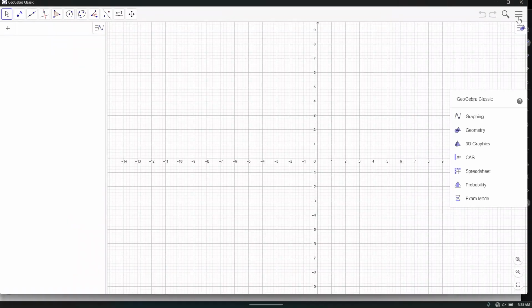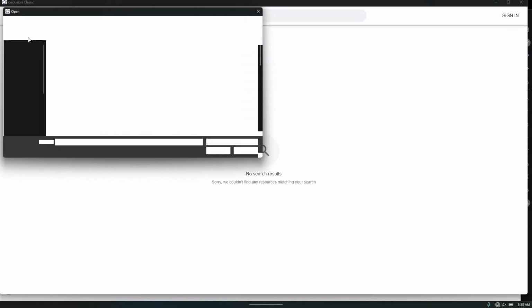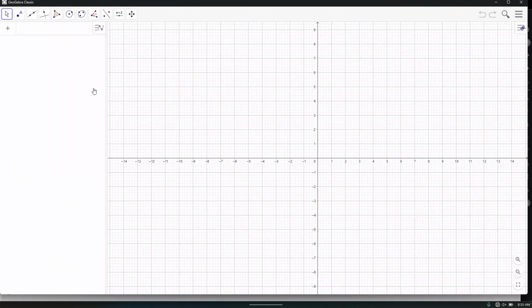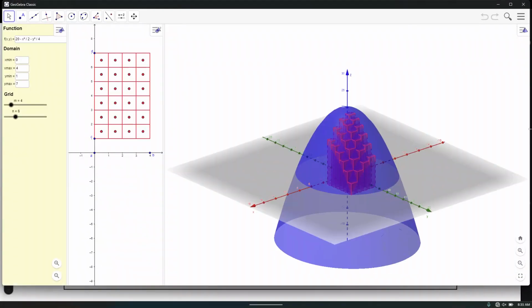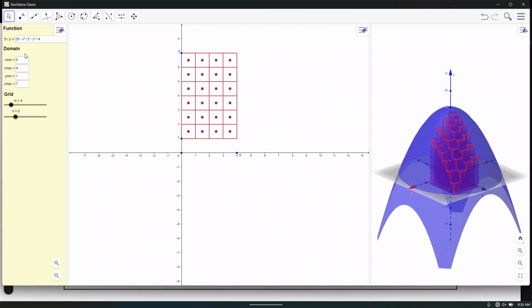Let me open the project first. So this time, rather than finding the area between two curves, and rather than dividing into rectangles, we're going to divide into square regions.